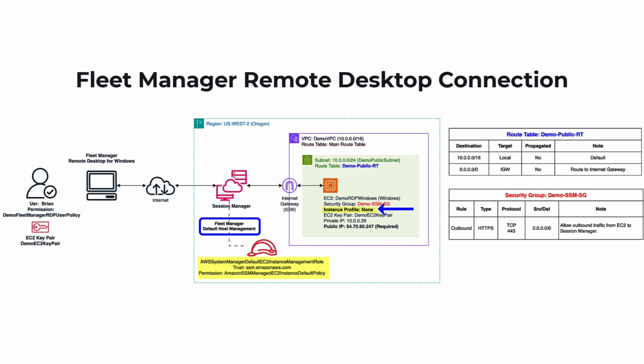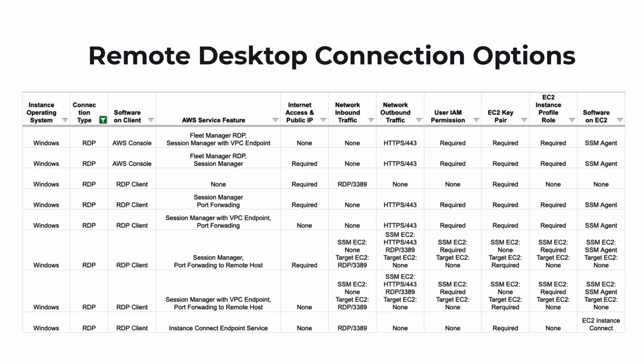This way, you don't have to attach a session manager permission through a role inside an instance profile on each EC2. One downside of Fleet Manager's RDP connection is that it can be very slow. If you're doing a lot of tasks that require RDP connection, then it might be better to use other RDP client connection solutions. You can check out how to connect to EC2 using RDP video for more details.